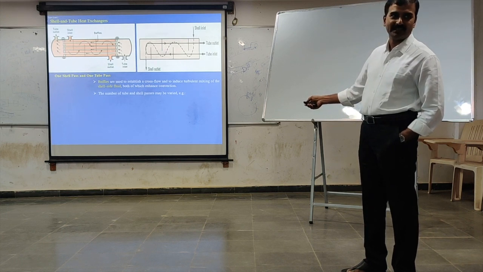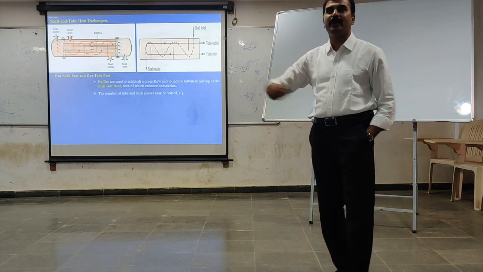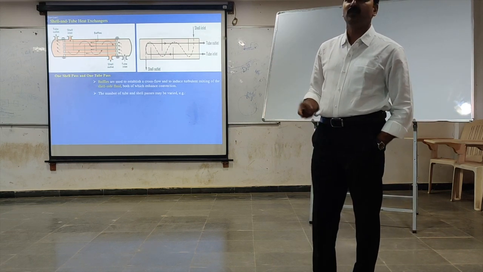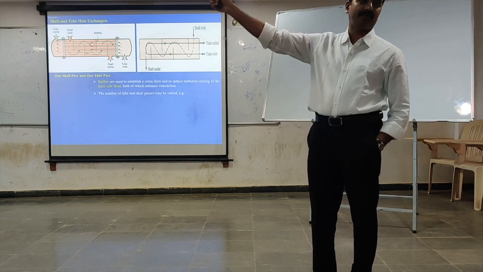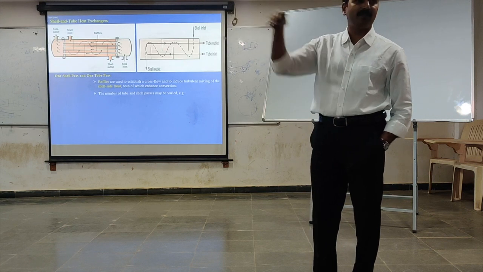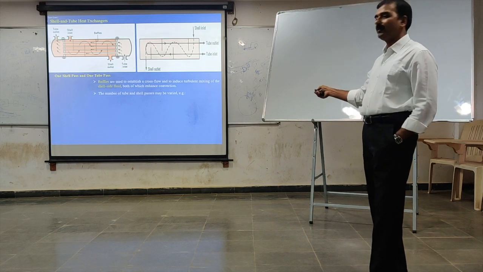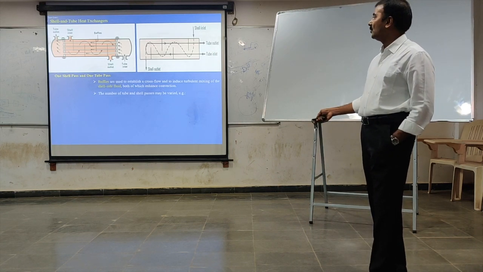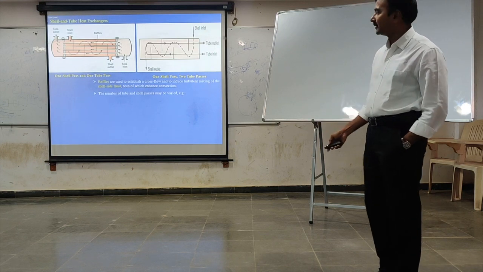It goes the entire length once and again returns. Like you are going to your village and come back. How many trips are there? Two trips. If you just go and end up there, then it's just one trip. So it's going and then coming back. So there are two tube passes. One shell pass and two tube passes.